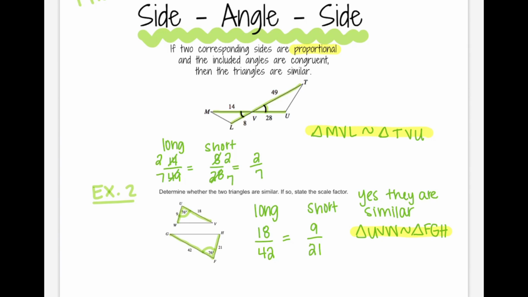The biggest number that goes into 18 and 42 is 6. 6 goes into 18 3 times. 6 goes into 42 7 times. And the largest number that goes into 9 and 21 is 3. So 3 goes into 9 3 times, and 3 goes into 21 7 times. So the scale factor is 3/7.